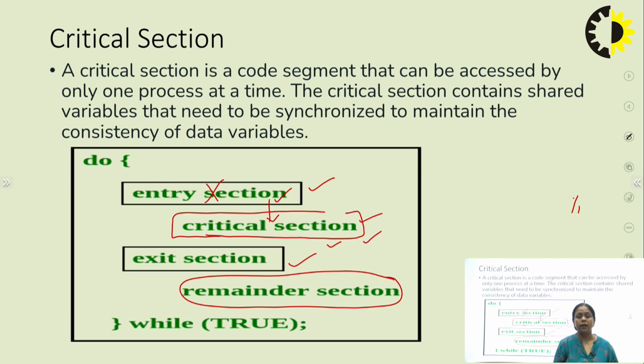But only that process can enter the critical section which satisfies the entry condition. If the entry condition is satisfied, then only the process can enter into the critical section. Otherwise, it has to wait. If another process is using its own critical section, then it has to wait, and this condition will not be satisfied.